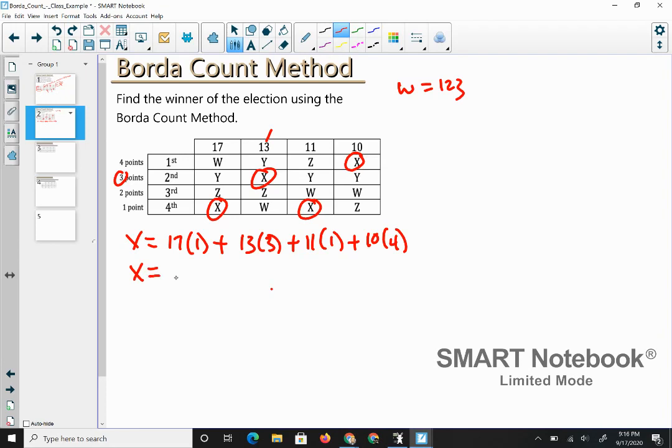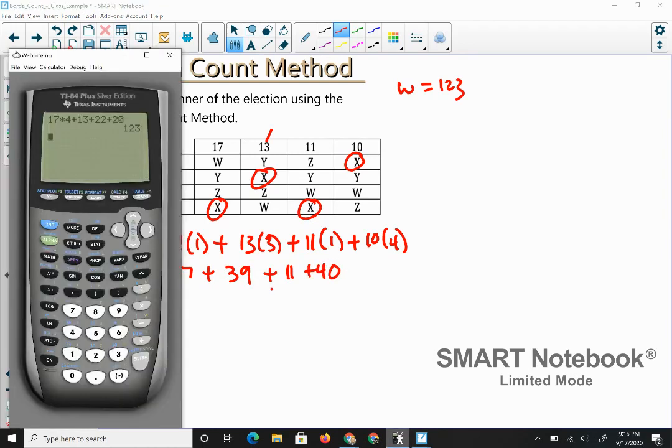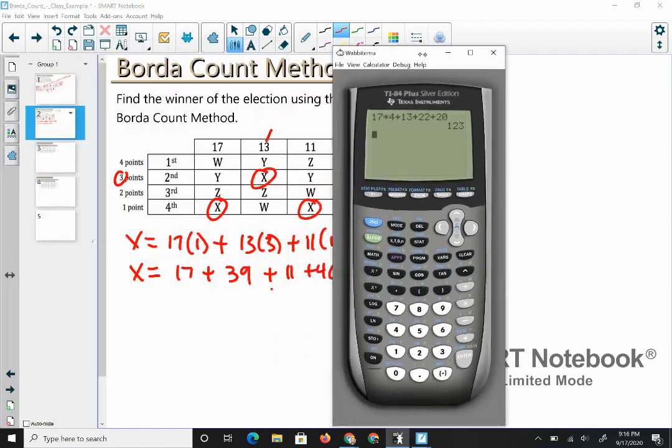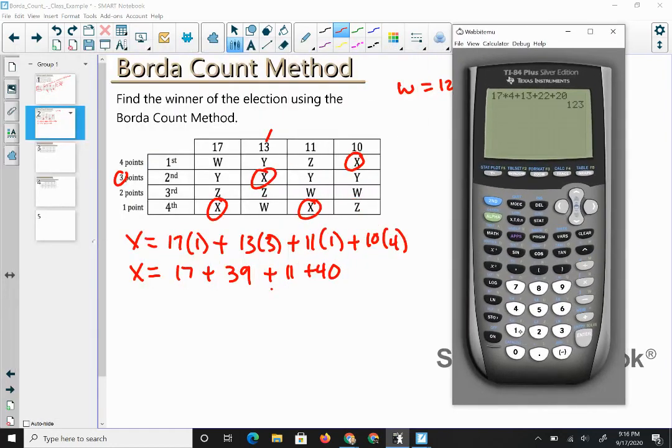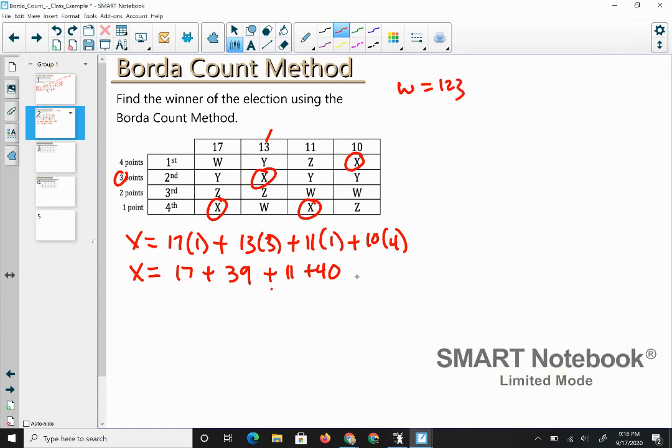So that means that X is equal to 17 plus 39 plus 11 plus 40, and that gives us 97.